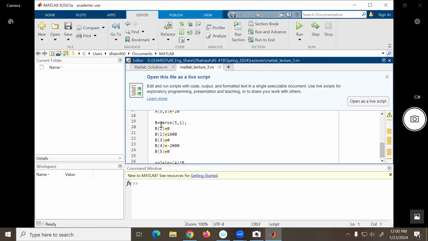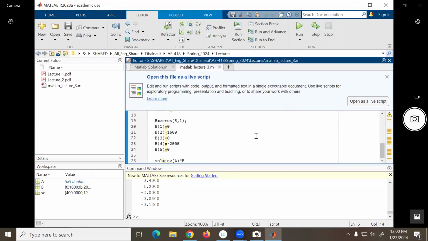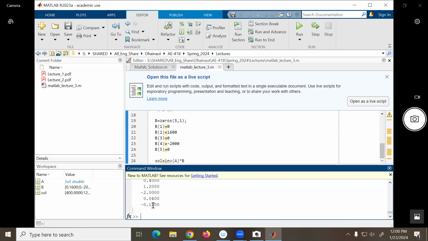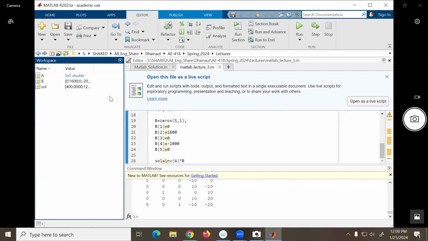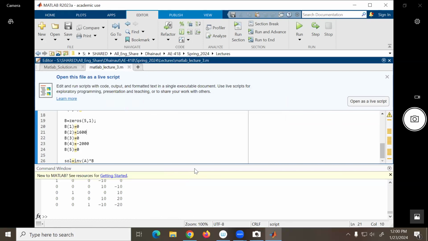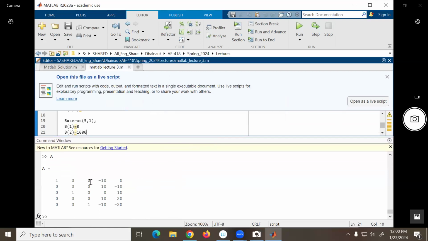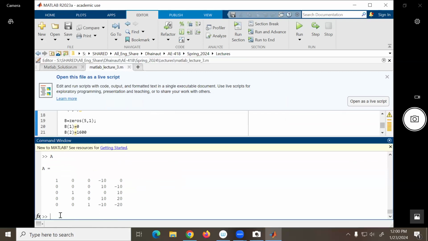So basically, a little bit different. I created the matrix 0, then I started to put the values one by one. But if you want, let's execute this file over here. You see here the B. Basically, here you see the matrix A that we have created.